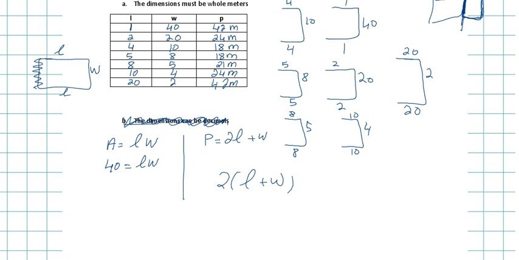Now, in this case right here, I have 3 unknowns. In this case, I have 2 unknowns, the L and the W. If I isolate one of the unknowns and place it here, then I'll end up with 2 unknowns.